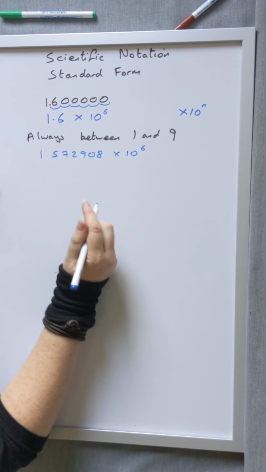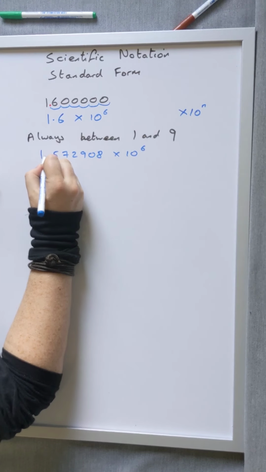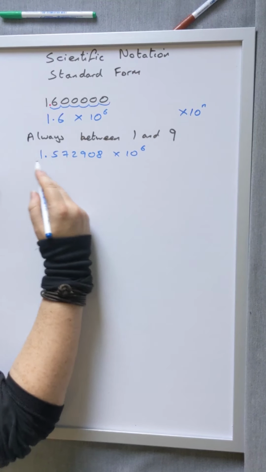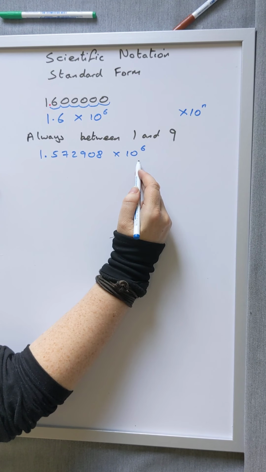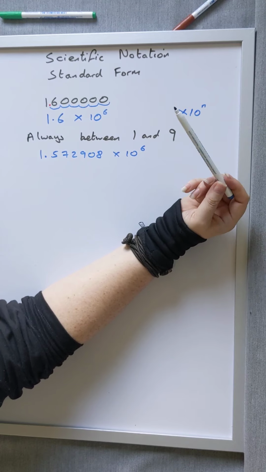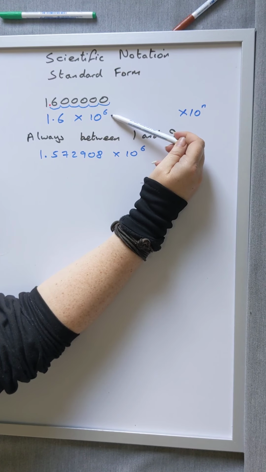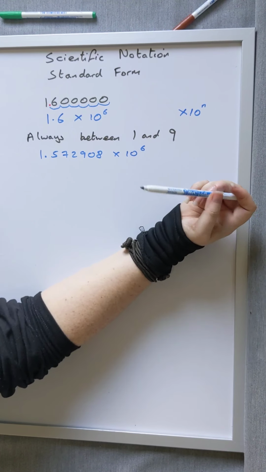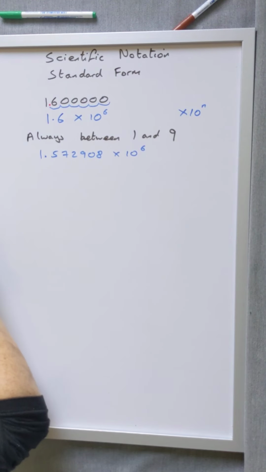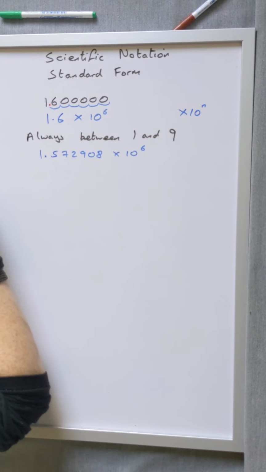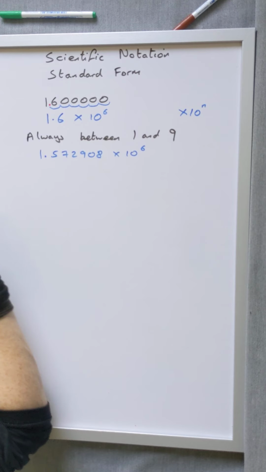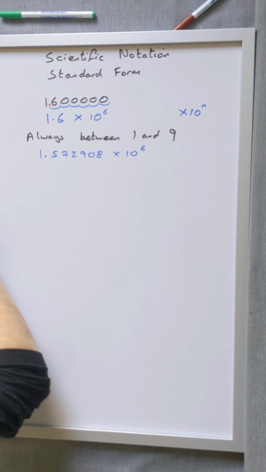So our original number was that, and in scientific notation, it's this. But to two significant figures, it's this. They tend to combine these questions a lot, so you need to be very careful reading the question of what it is it's asked for.